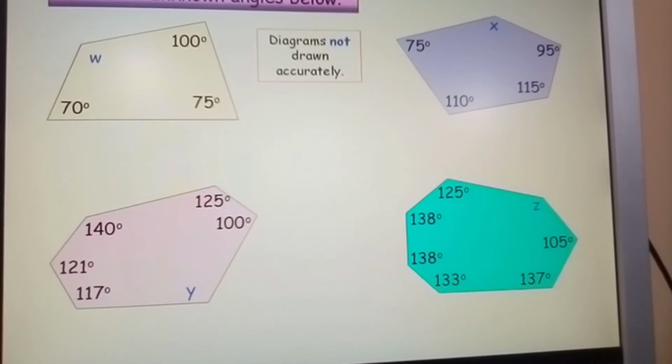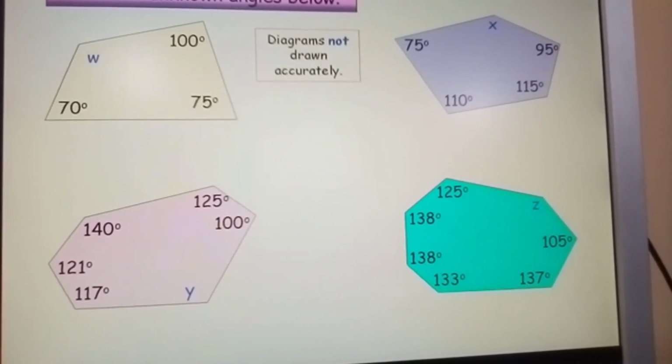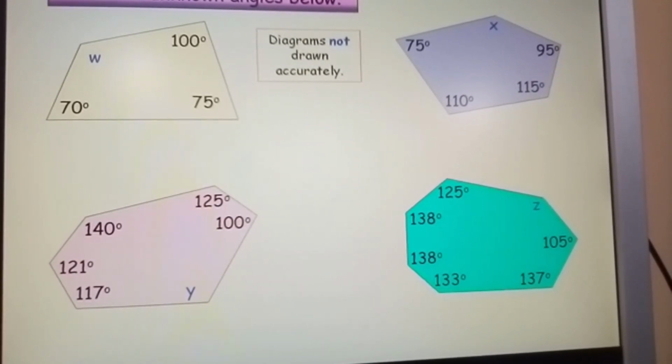So we have 70 plus 100 plus 75 equals 245 degrees. Okay.